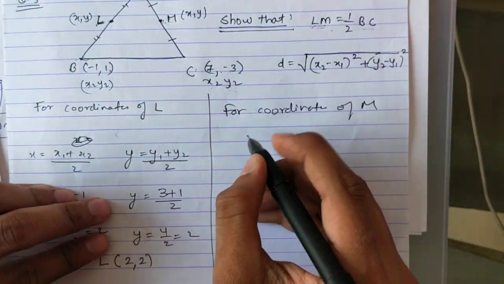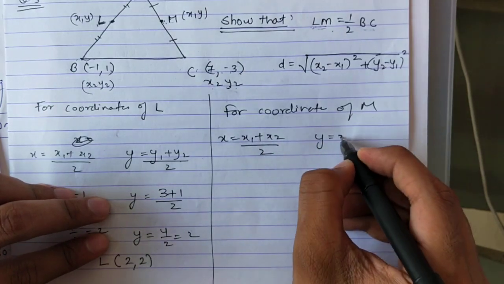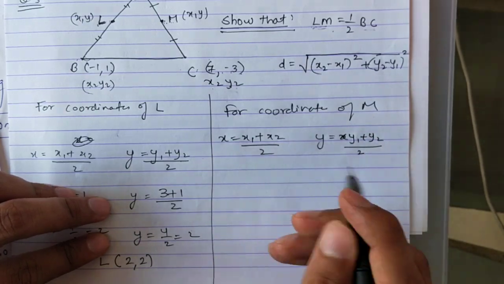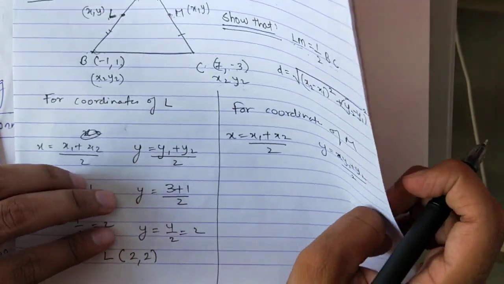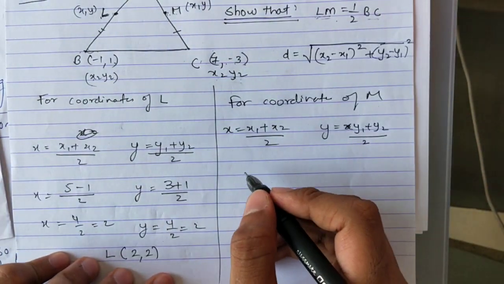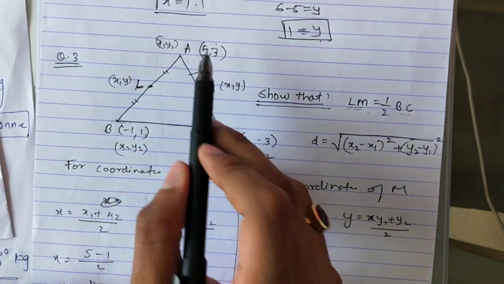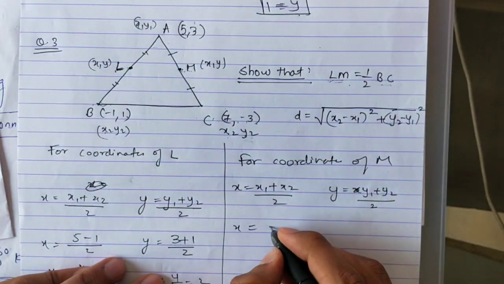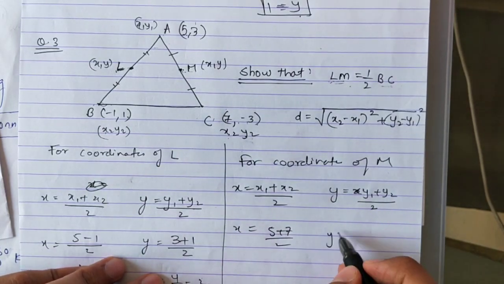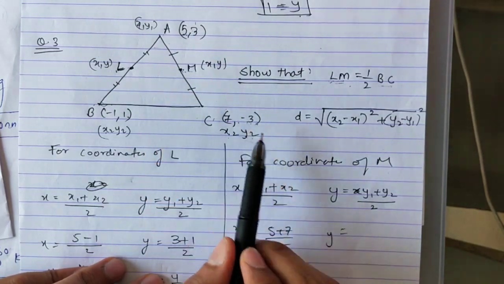So let's find x. The formula is, see, writing the formula is very important. Why? Because it reduces the chances of making mistakes in substituting the values. So again and again, make a habit of writing the formulas. So x: x1 is 5, x2 is 7, so 5 plus 7 upon 2, and for y, I have 3 plus minus 3 upon 2.